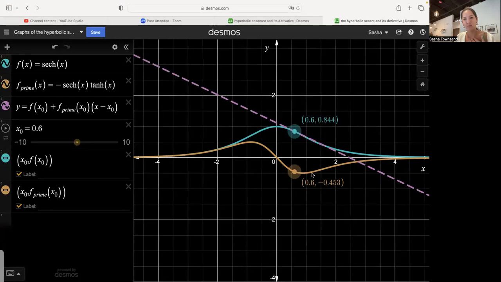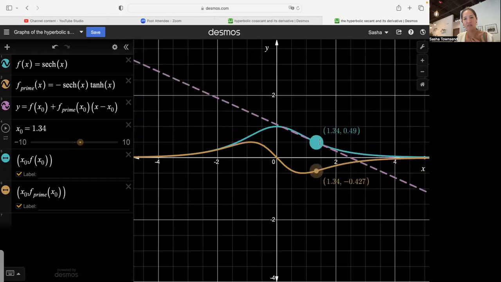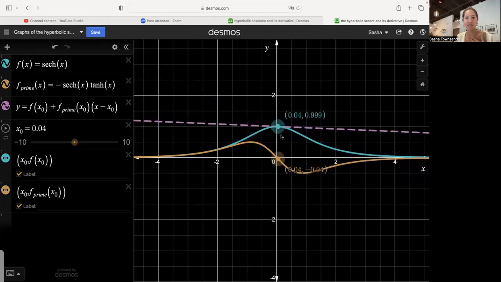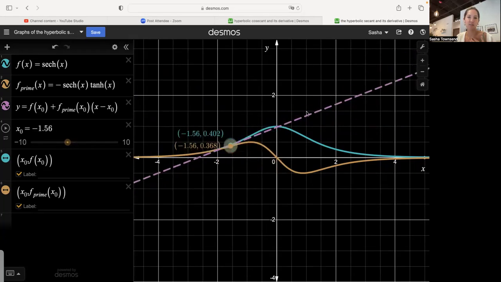And then the derivatives approach 0 as the slope of the tangent line approaches 0 in the original function. And then on the left of 0, all of our tangent lines have positive slopes. The functions are increasing.